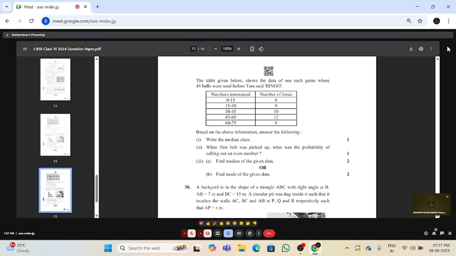Then after that, numbers in the range 15 to 30, something like 15, 25, 28. I'm just writing randomly, any number can be anything. In this range, the numbers occurred 9 times.